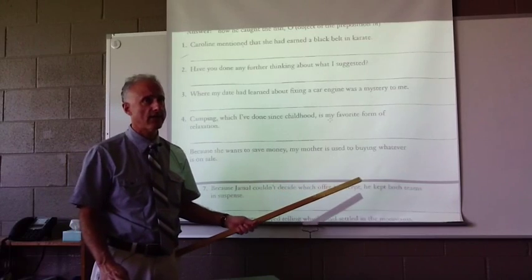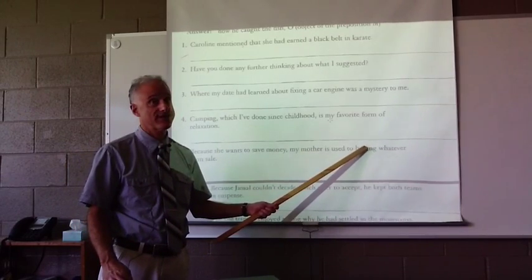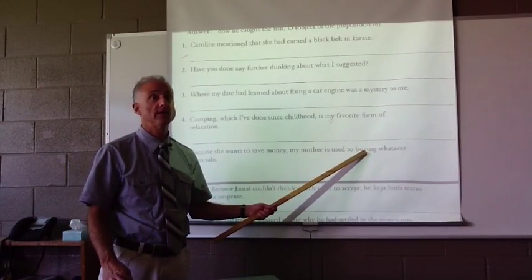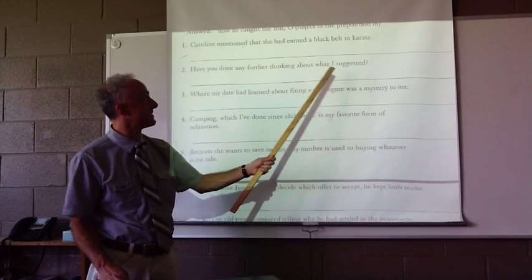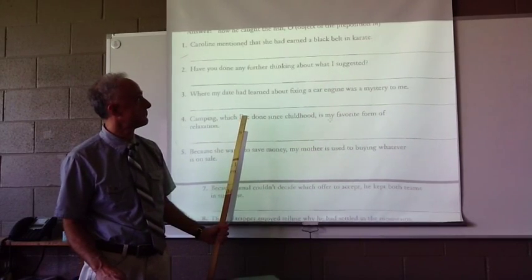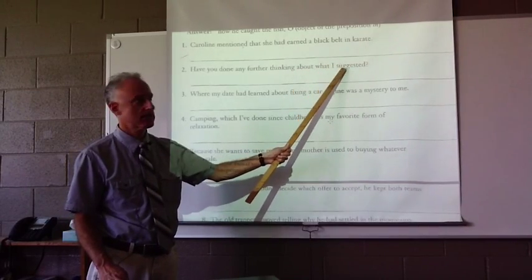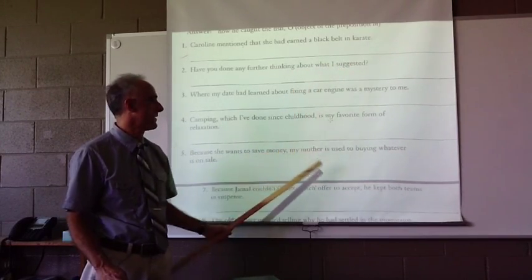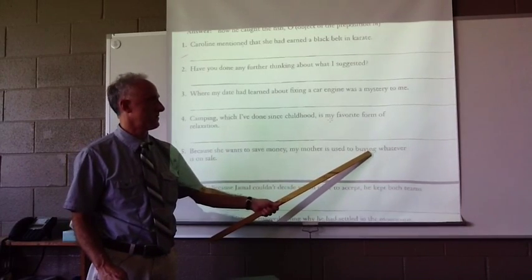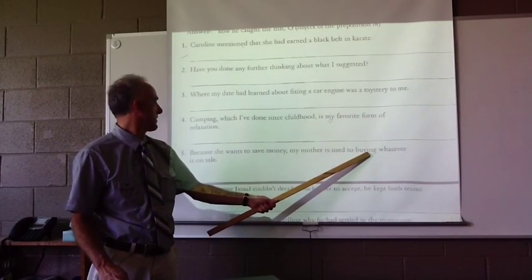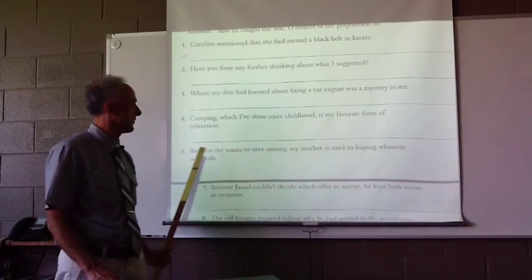But what does it follow? It follows this gerund, all right? So just like we can have an object of a preposition, right here, the object of the preposition about is this subordinate noun clause. The object of this gerund is this little subordinate clause.